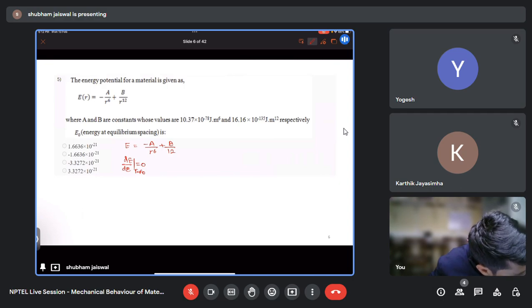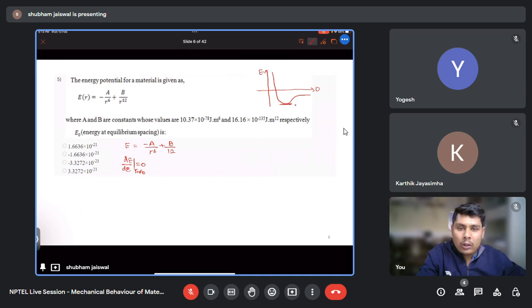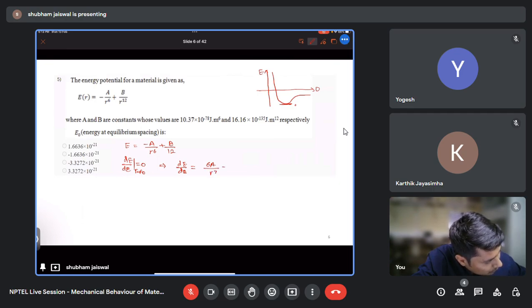If you see this curve, that is E versus r, at this point the slope is 0. So we will calculate this. If I take the derivative, dE upon dr equals 6A upon r to the power 7 minus 12B upon r to the power 13. Is it correct?